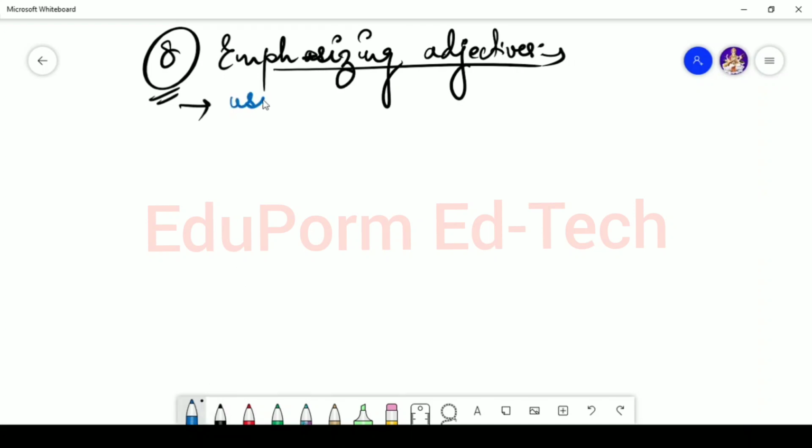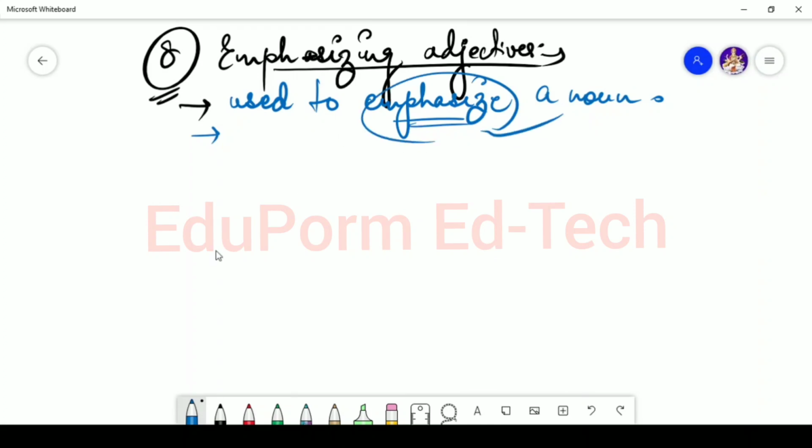These are used to emphasize a noun. Here basically we are emphasizing, like we say emphasize on the points, emphasize on the important points. So these are basically to force a particular point.